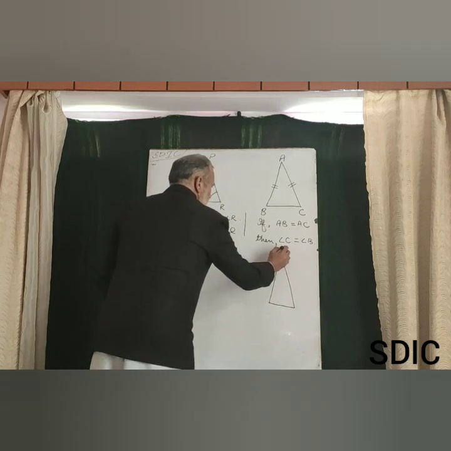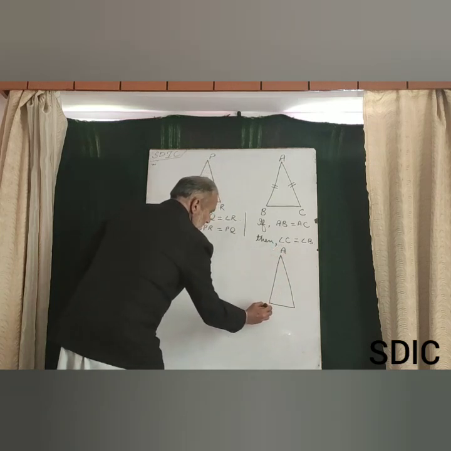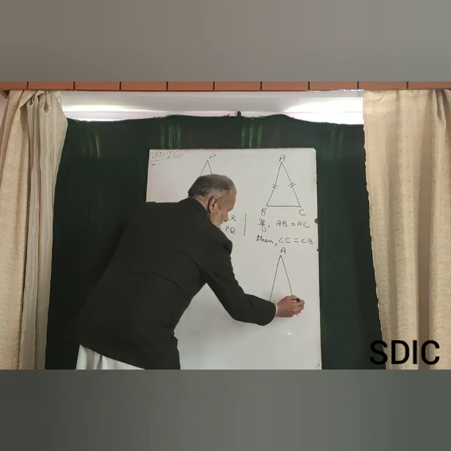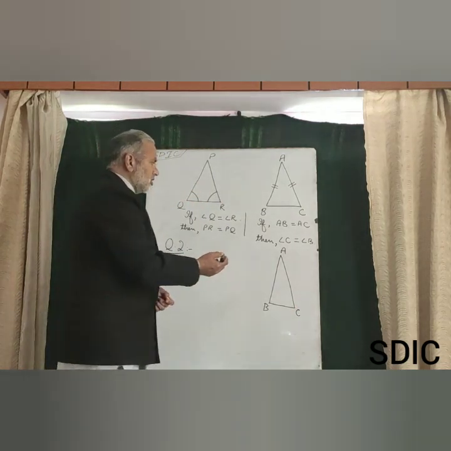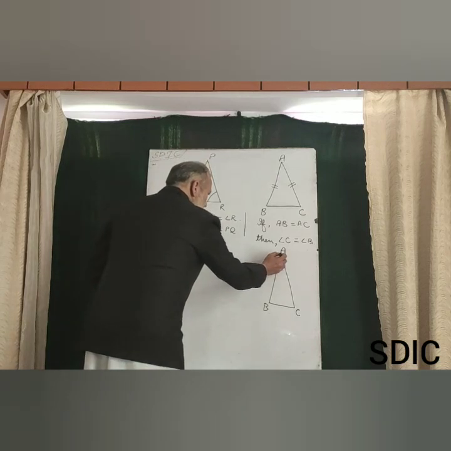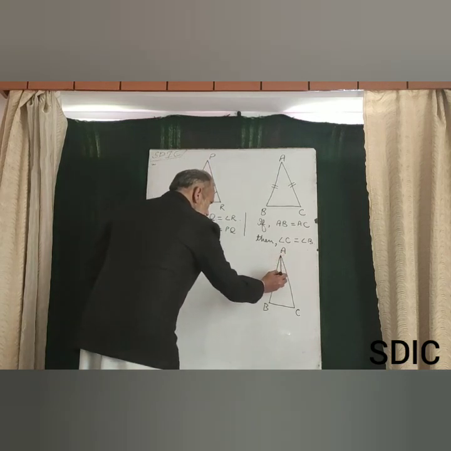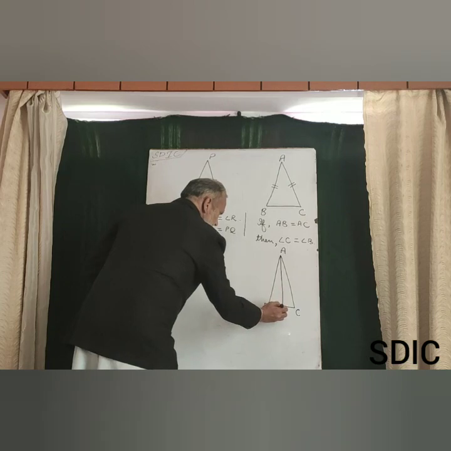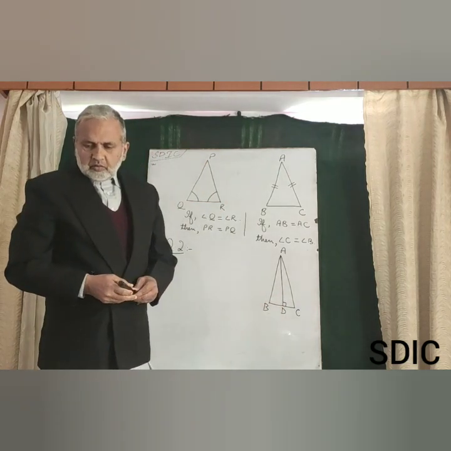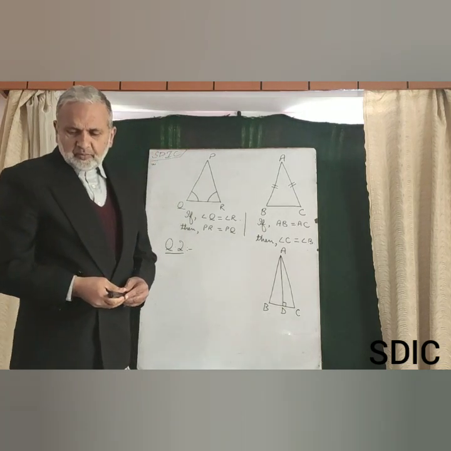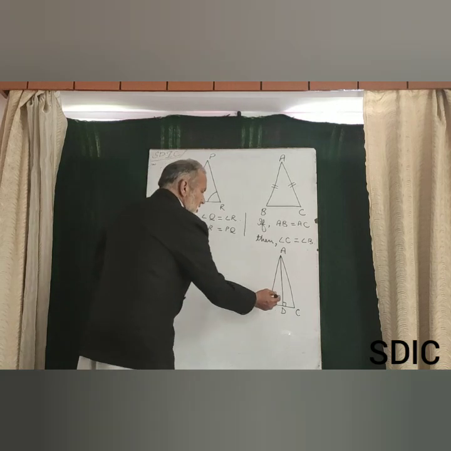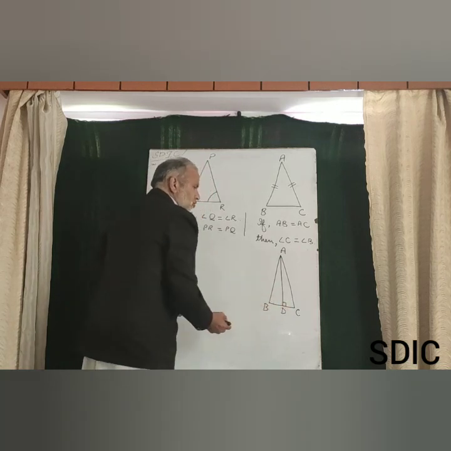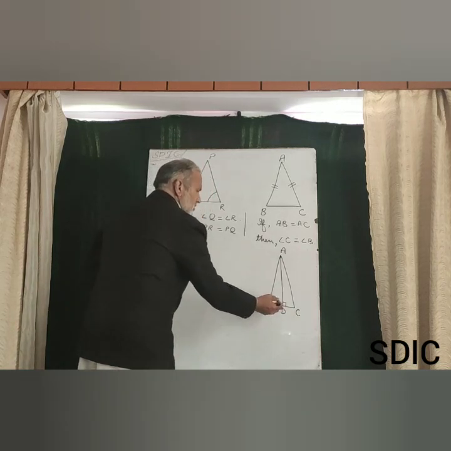The name of the triangle as per the statement is ABC, and it is given that AD is the perpendicular. Not only perpendicular, it is perpendicular bisector. Means it makes an angle of 90 degrees as well as bisects the side BC.